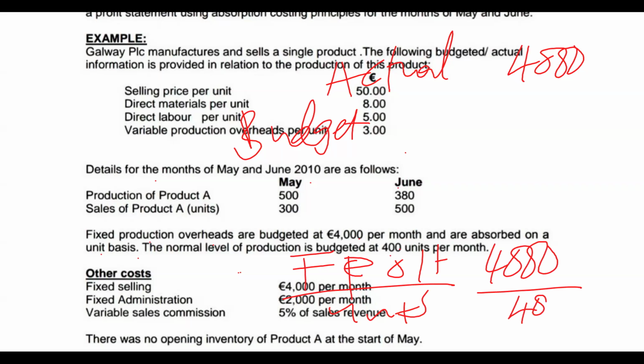This will give us the rate at which we are planning to absorb the fixed production overheads. When you divide this, what do you find? 4,000 divided by 400 should be 10.